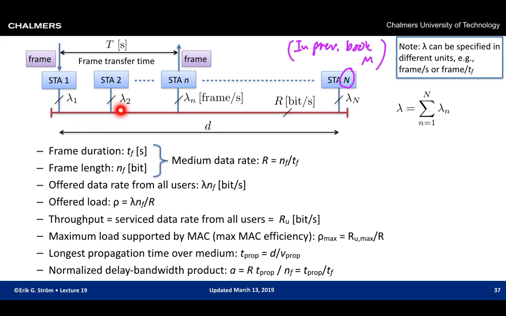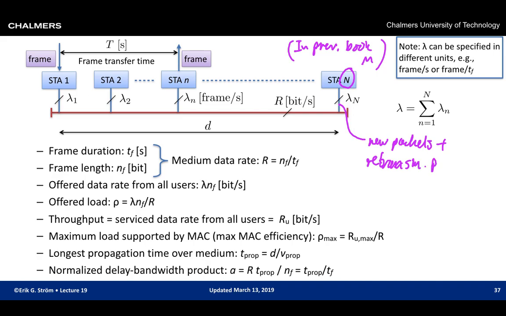The total number of frames per second is indicated by this lambda, which is the sum of the lambdas. What goes down here is new packets plus retransmission packets.